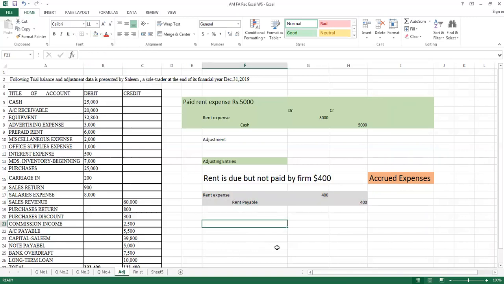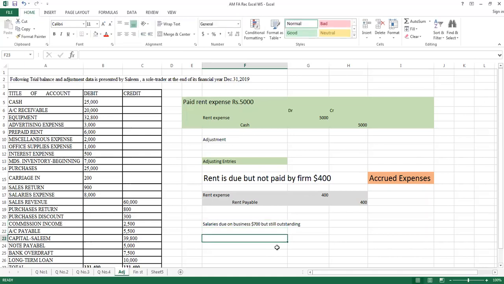Suppose I give you a similar kind of entry with a new title. Salary is due on business, $700, but is still outstanding.